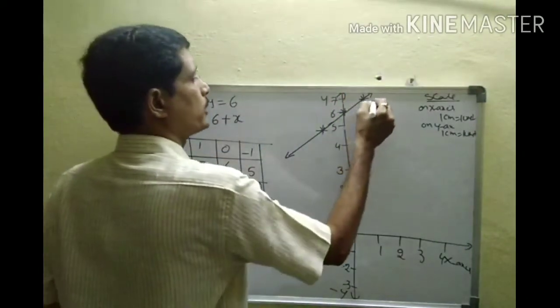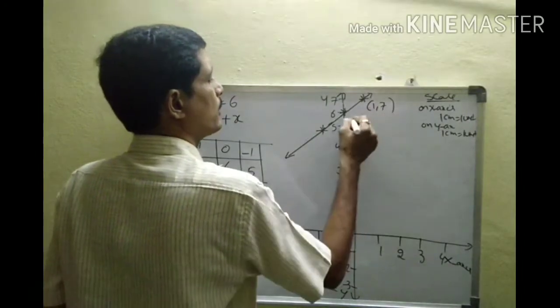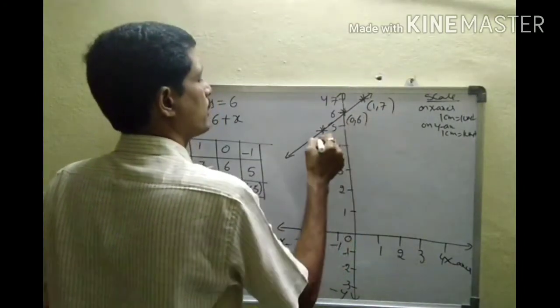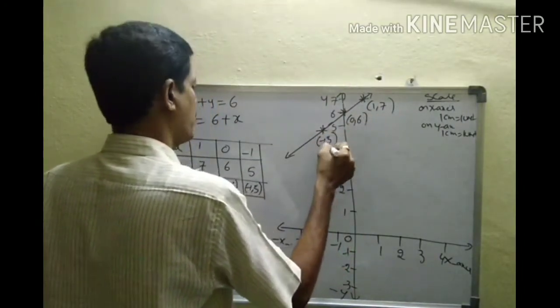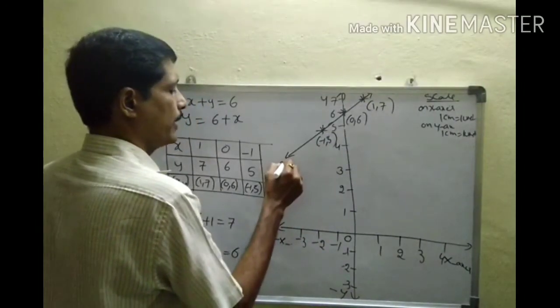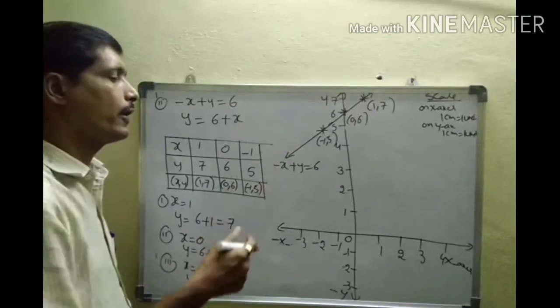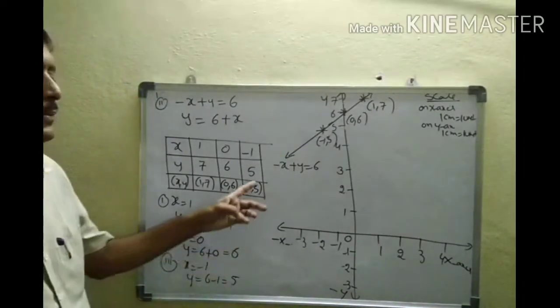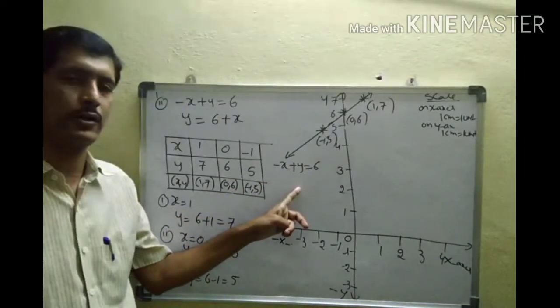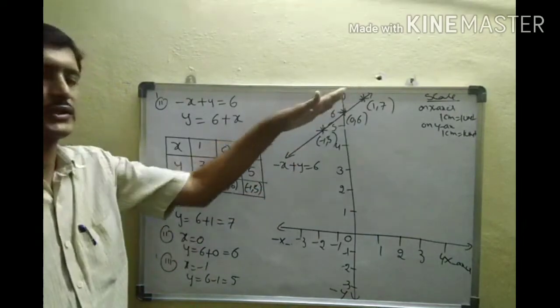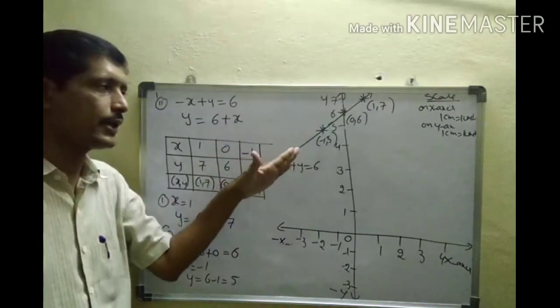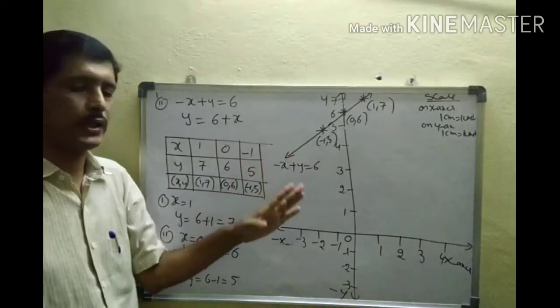Here first write points 1 comma 7, here 0 comma 6, here minus 1 comma 5. Therefore here minus x plus y equal to 0, that is the given equation only, that is the graph of which one? Okay, the graph is what? Straight line. Graph of any linear equation in two variables is a straight line.